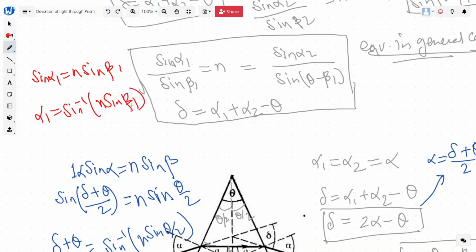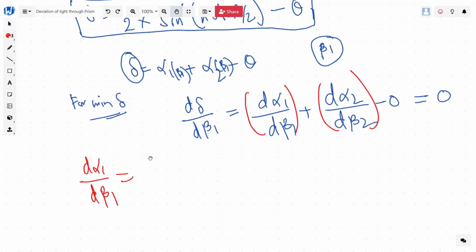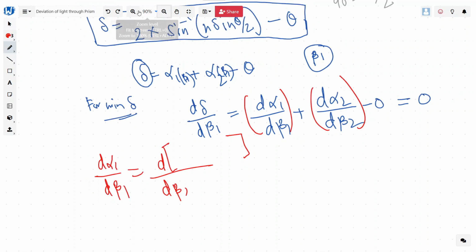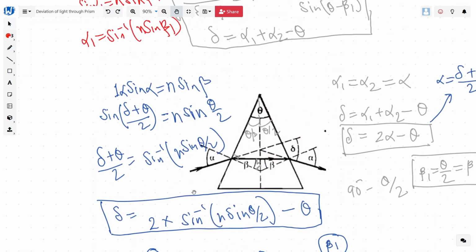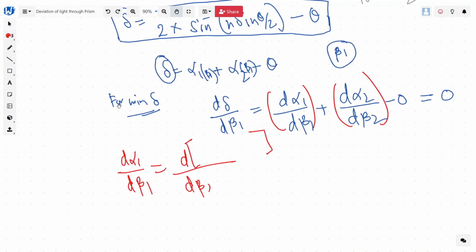So alpha 1 is now a function of beta 1. That's what we want, so we are going to differentiate that over here.